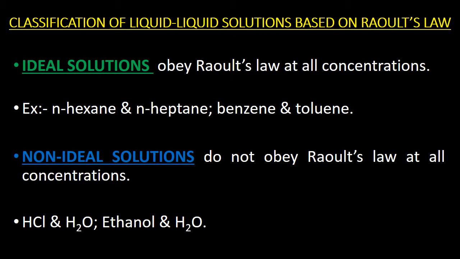Examples of ideal solutions are a mixture of n-hexane and n-heptane or a mixture of benzene and toluene. Non-ideal solutions are the solutions which do not obey Raoult's law at all concentrations. Examples of non-ideal solutions are a mixture of HCl and H2O or a mixture of ethanol and water.